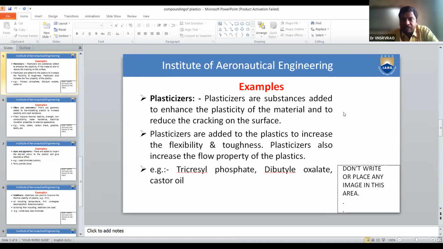If you apply the same force or stress to a material other than plastic, what happens? It will undergo cracking on its surface. What is the importance of plasticizers?